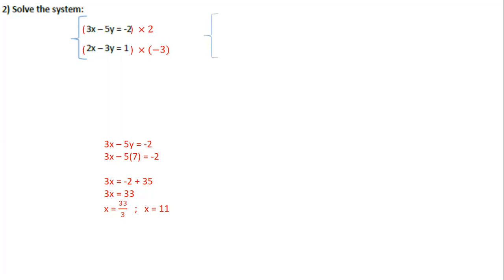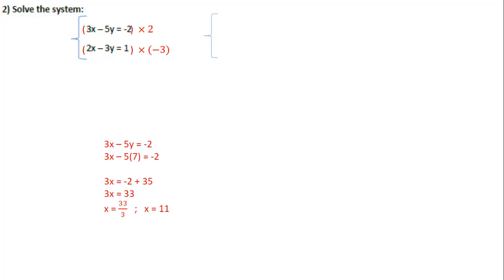Minus 5y times 2, that should be -10y. Equals -2 times 2, that should equal -4.